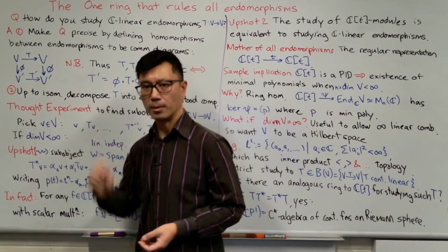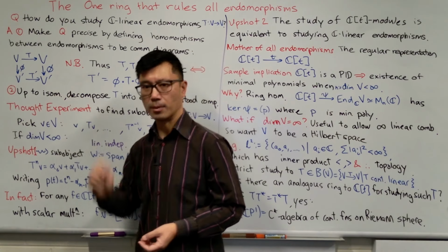And what this tells you, and often this is also used in your second year linear algebra course, but it's not given to you from this more general perspective, is that it gives you the existence of minimal polynomials whenever you have a finite dimensional vector space and a linear endomorphism on that finite dimensional vector space.